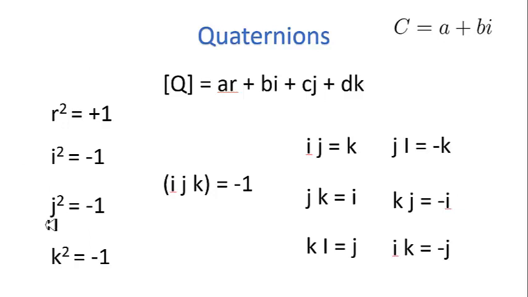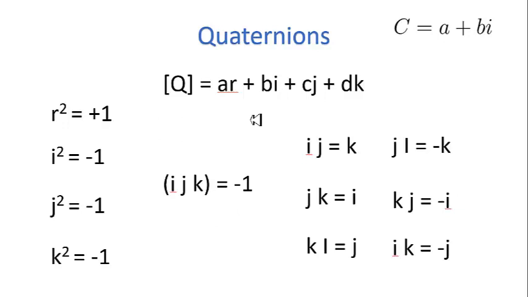Each of the imaginary identities, when you square them, also has to work out to -1, which is -1 on each element of the forward diagonal of the quaternion matrix.